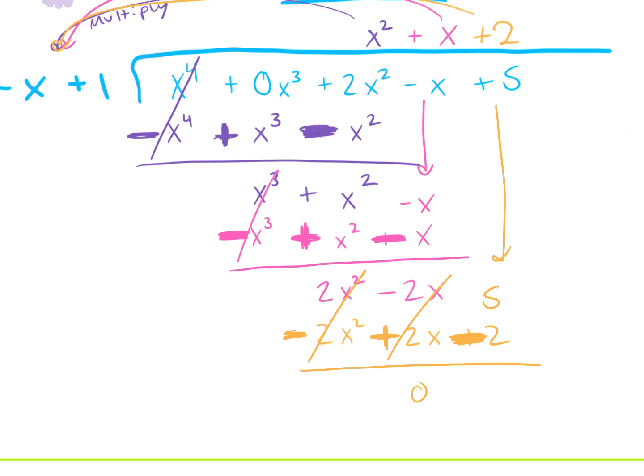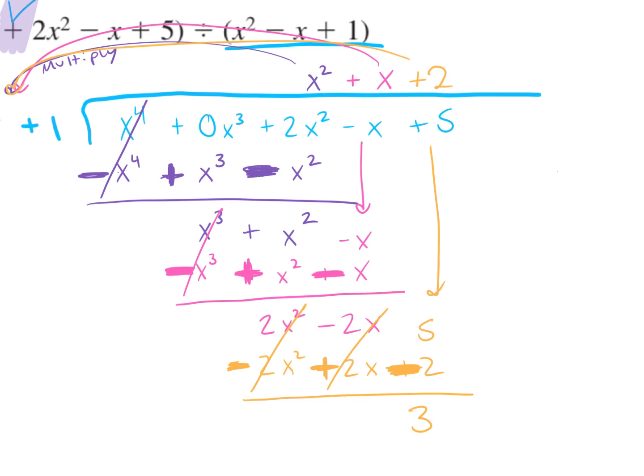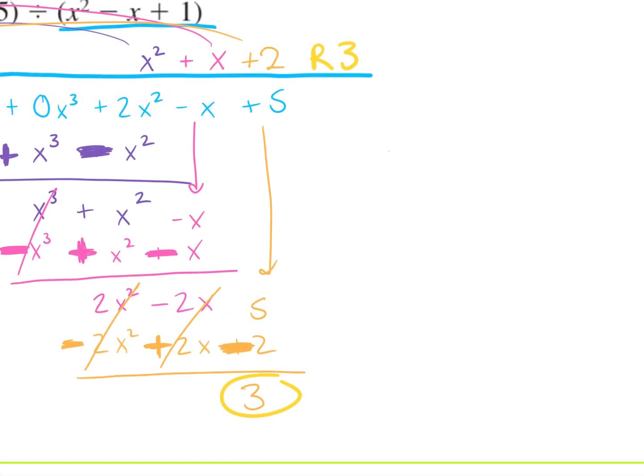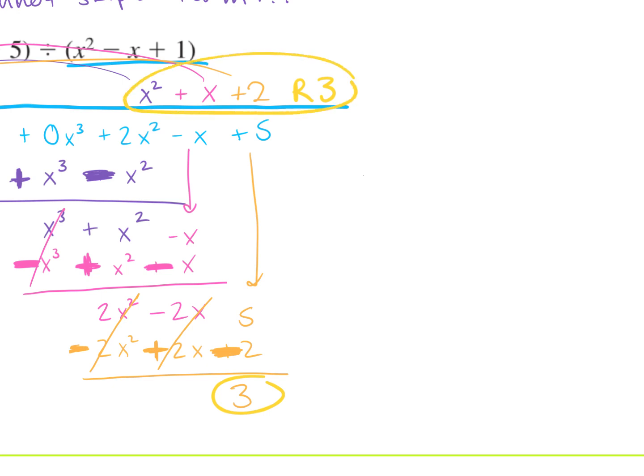And what's 5 minus 2? 3. What's next? That's it. What's my remainder? The remainder is 3. So my answer is everything I just wrote up top. So it's x squared plus x plus 2, remainder 3.